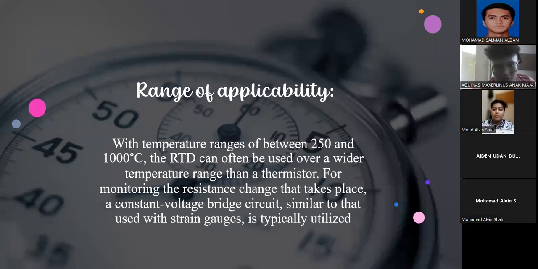So the range of applicability, with a temperature range of between negative 250 and 1000 degrees Celsius, the RTD can often be used over a wider temperature range than a thermistor. For monitoring the resistance change that takes place, a constant voltage bridge circuit similar to that used with a strain gauge is typically utilized.